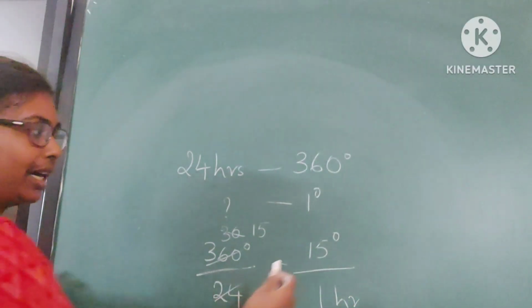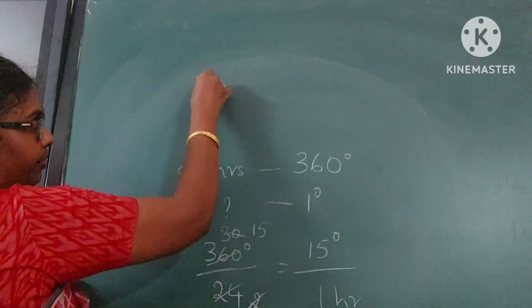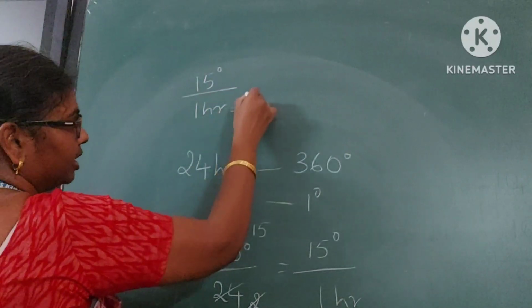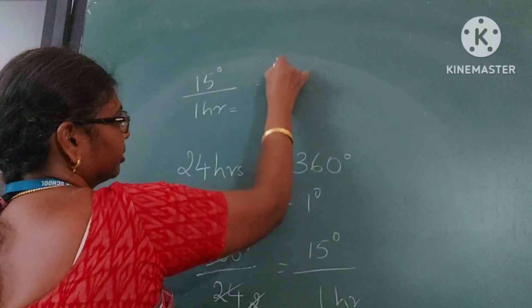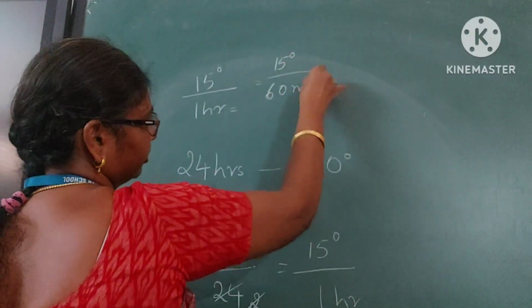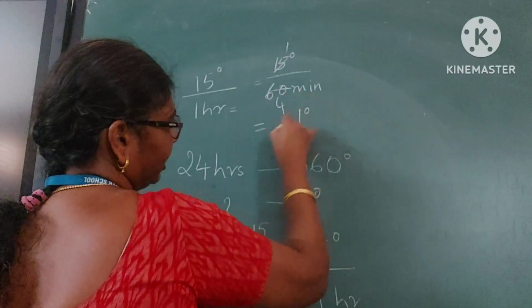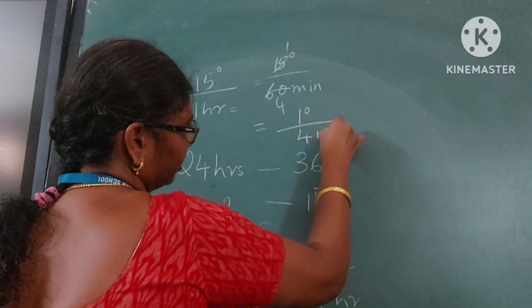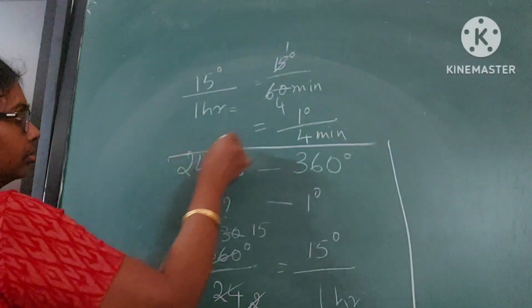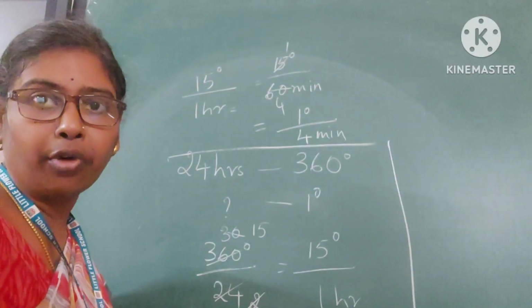This 1 hour is 60 minutes, so 15 degrees for 60 minutes. So 1 degree for 4 minutes.